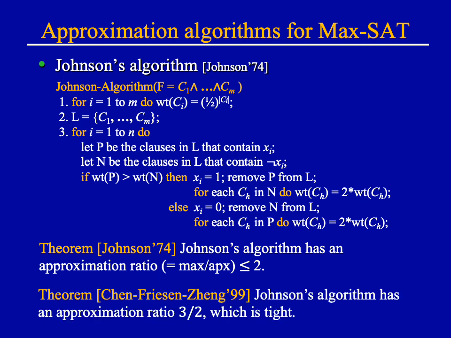This is actually interesting. After about 25 years after Johnson published his result, we showed that Johnson's algorithm has a ratio of 1.5. That really means that if you use just Johnson's algorithm, you can satisfy more than half.